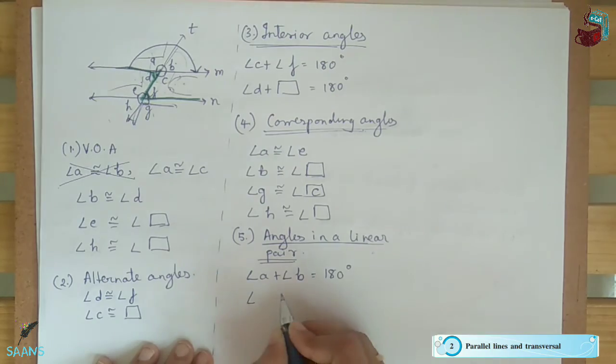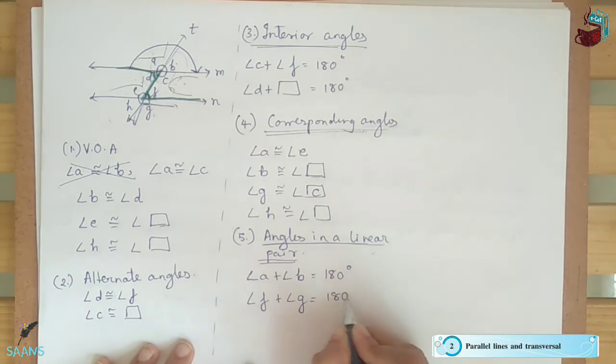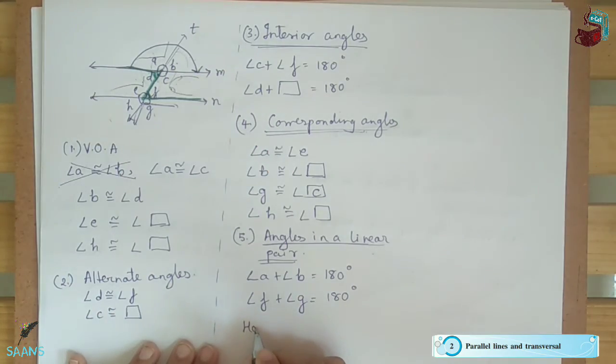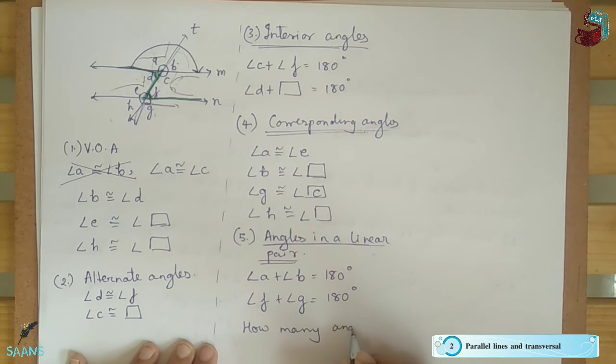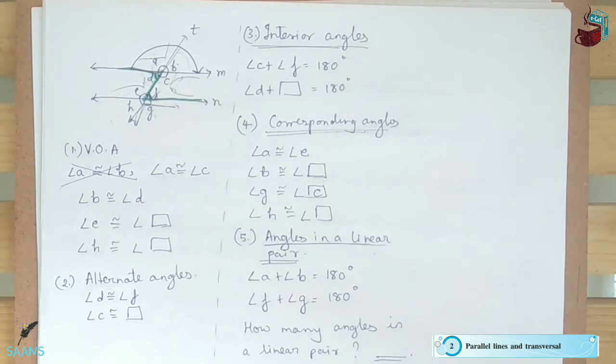Next is angle F plus angle G is equal to 180 degrees. Now in this particular figure, how many angles in a linear pair are available, you all are going to put it in the comment section.